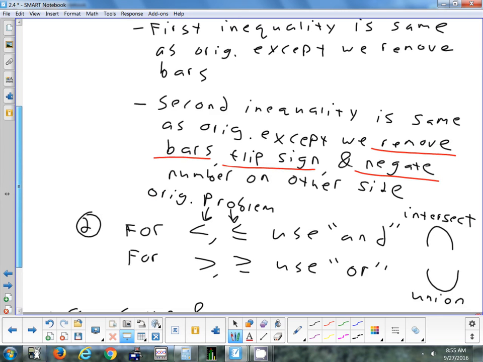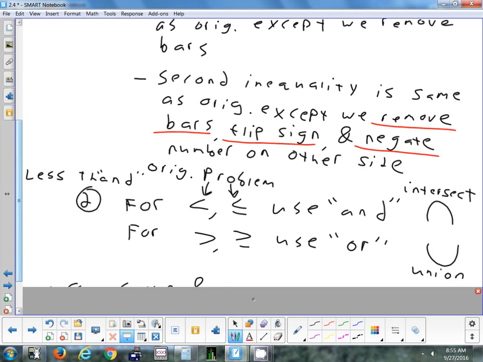And the way I try to remember, think of it like less than. So less than is an and. And greater, think of greater or greater or equal, that's an or. So greater is an or. And if we're writing it as an inequality, we use these four symbols and an and or an or.